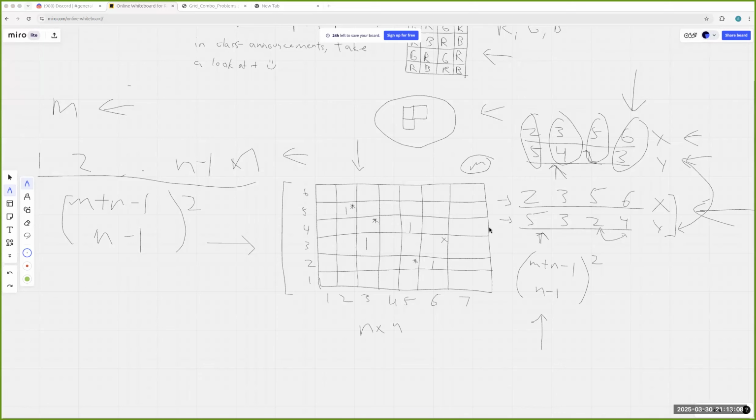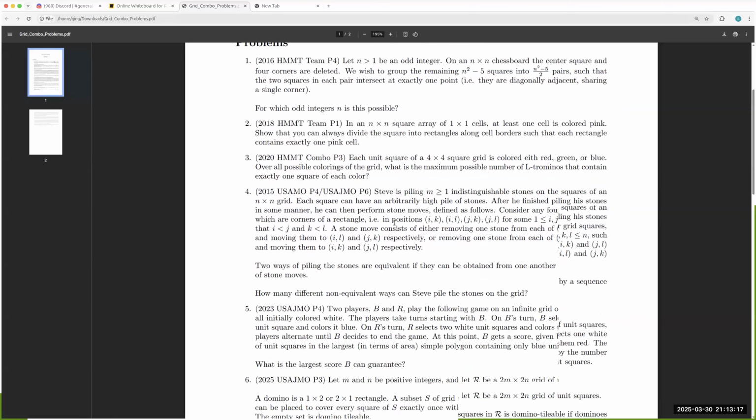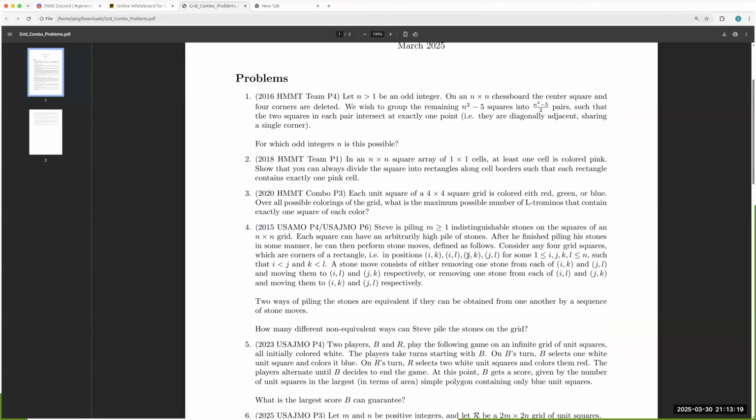Let's move on to a next problem, maybe a bit easier one. This one might be quite hard. It was USAMO P6, which is pretty hard, I assume. Perhaps did we do problem 3 already?